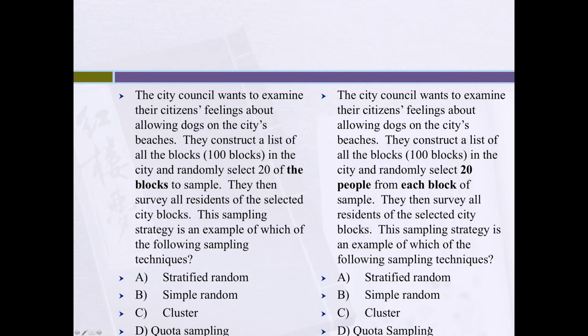It is not quota sampling because we randomly select 20 people. If we select 20 people that we know very well, or who are close to us, that will be quota sampling. It is not randomly selected. It is not simple random sampling because in simple random sampling you will not divide the population into different subgroups.